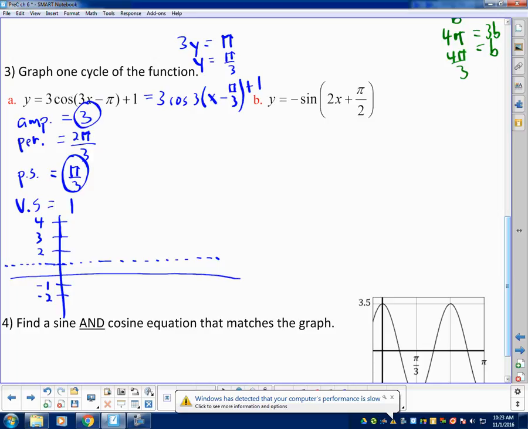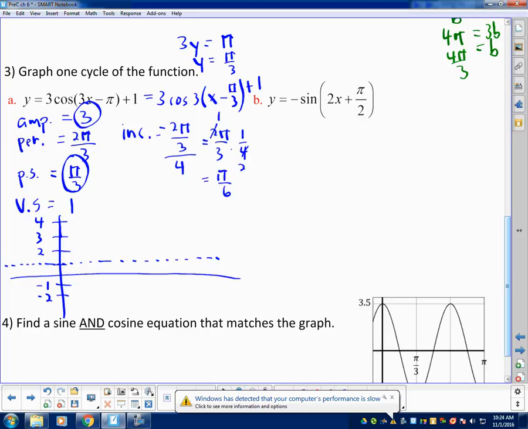So my increment, abbreviated INC, is equal to my period here, 2 pi over 3 divided by 4. And so that equals 2 pi over 3 times 1 over 4. So we've got pi over 6 as my increment.